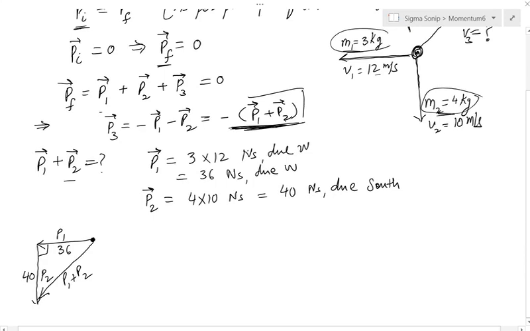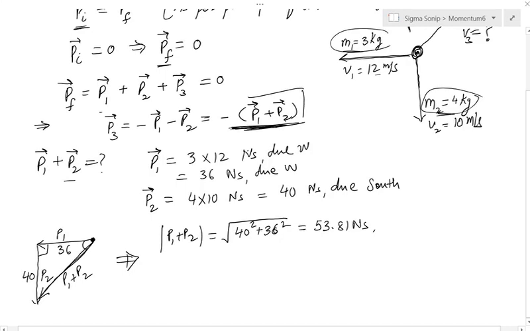From Pythagoras theorem, the length of this vector P1 plus P2, which we call the magnitude of P1 plus P2, is the square root of 40 squared plus 36 squared, and that gives us 53.81 Newton seconds.